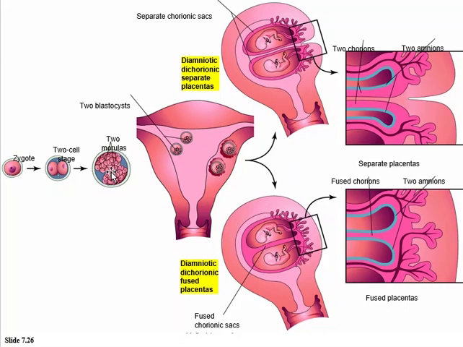The two morulae then make two different blastocysts. So they can be implanted either in a single place or different places. If they are away from each other, each one of them has its own placenta, own chorion, and own amnion. If they implant near together, they may have fused placentae and fused chorion, but two different amnions.